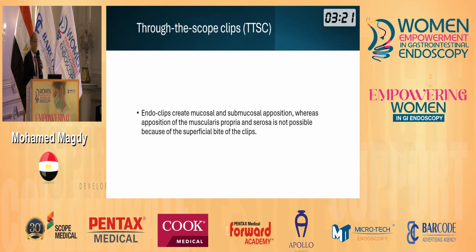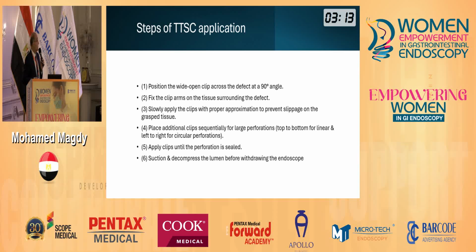The most familiar, most famous, is the endoclip, to create mucosal and submucosal apposition to close the perforation. Usually, position the wide open clip across the perforation, and then put clips all over the perforated area.